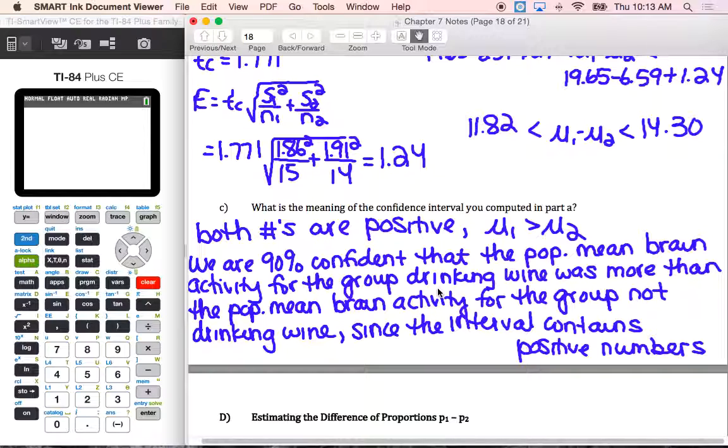So again, positive numbers means the first group would be bigger.